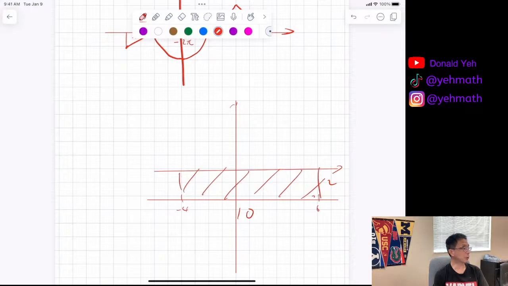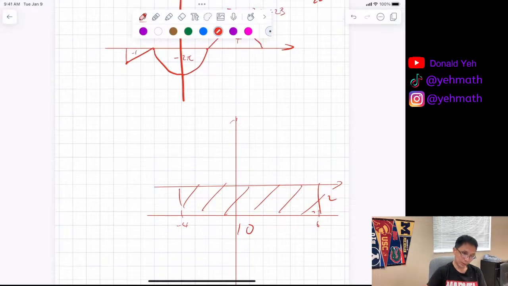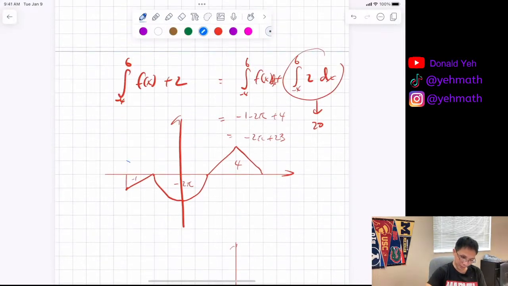What does the absolute value do to the function? Let's say 47 C or E. So what does absolute value do to the function? Yes, make it all positive. So this part is going to be positive. So this one becomes 1, this becomes 2 pi, this becomes 4. So that's going to be 5 plus 2 pi. That's the answer.